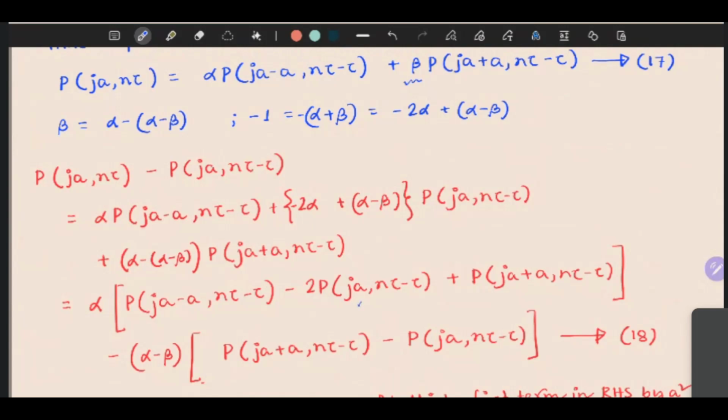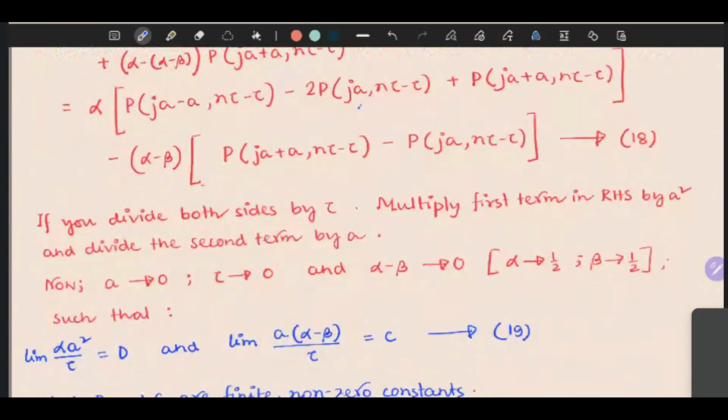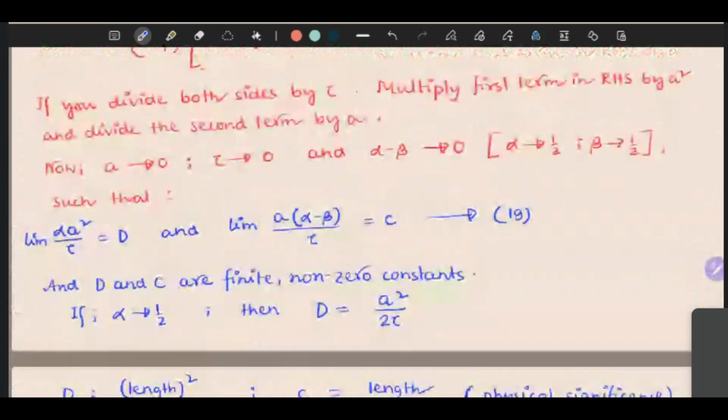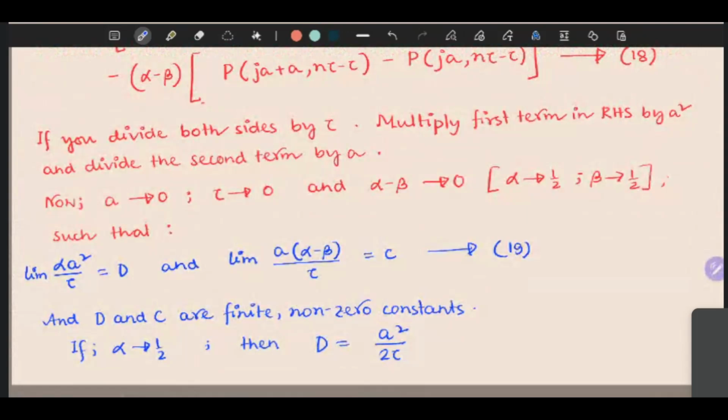If you add this term, the diffusion coefficient will become 1 minus alpha, because everything was in that way only.